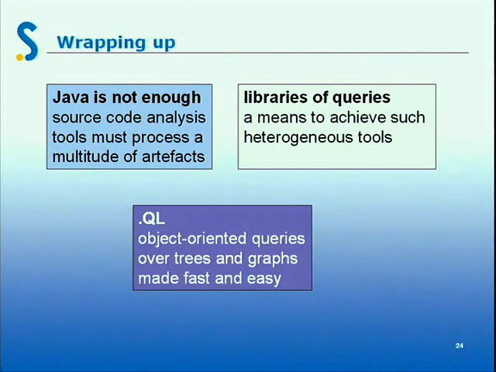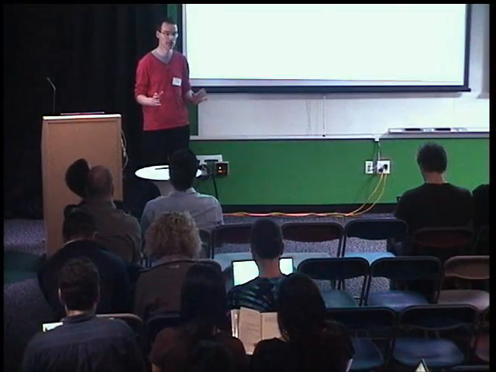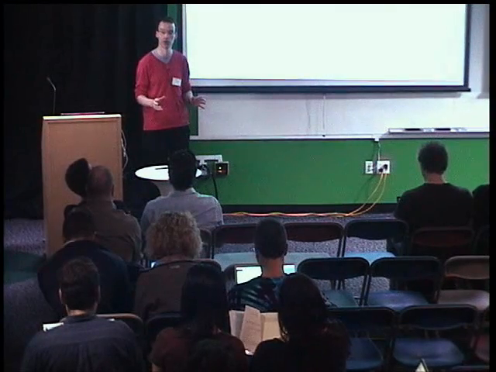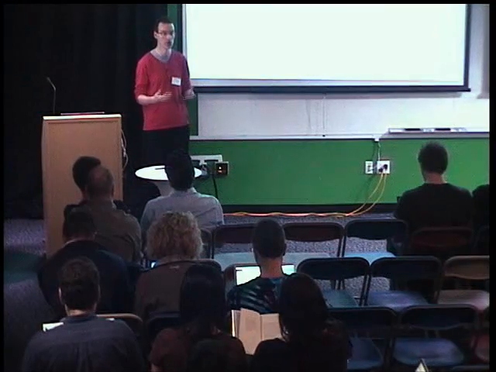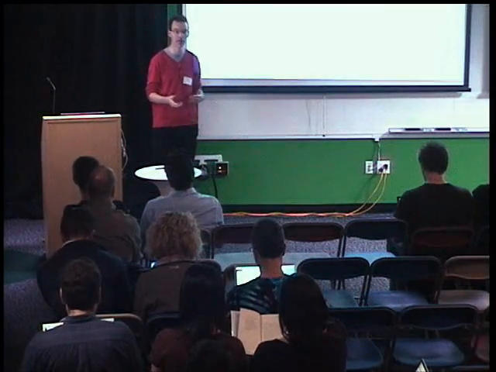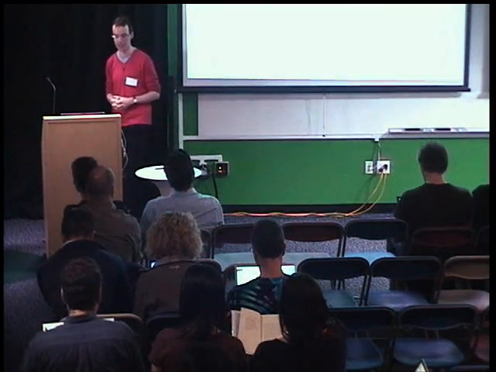So let me wrap up. There's 3 points that I'd like you to take away from this talk. First of all, in source code analysis, it's just not enough to only look at artifacts that are in a traditional programming language. You also must analyze XML files and all the other stuff that is part of the source.